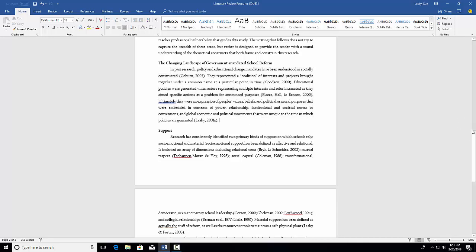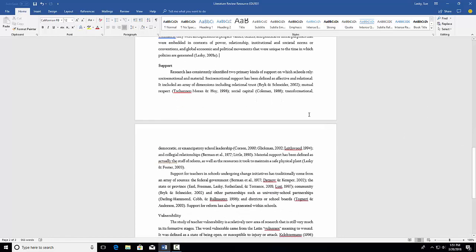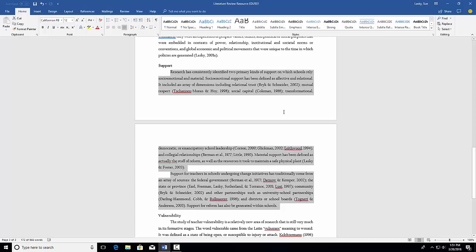All right. Support was another key construct or theme across the literature. The only content that goes in this section is on either socio-emotional support or material support.